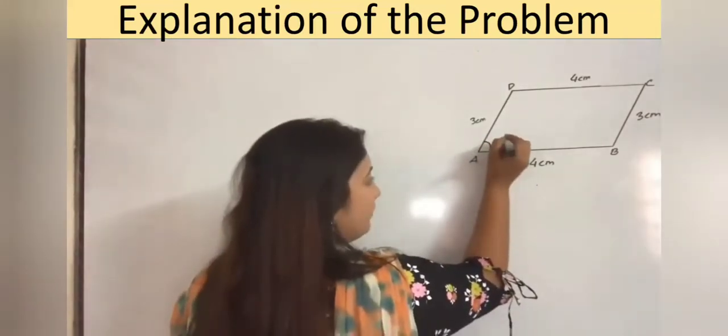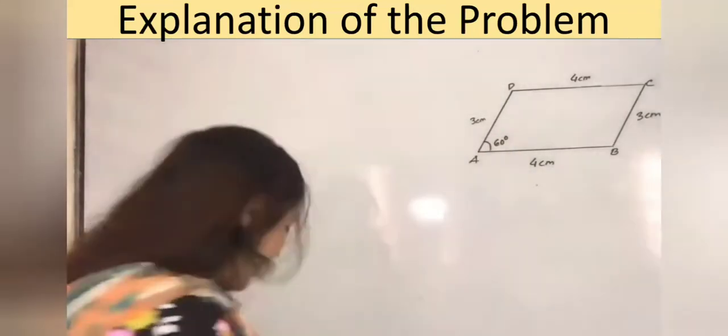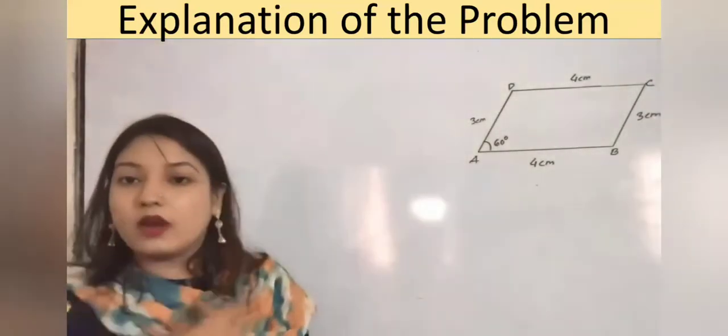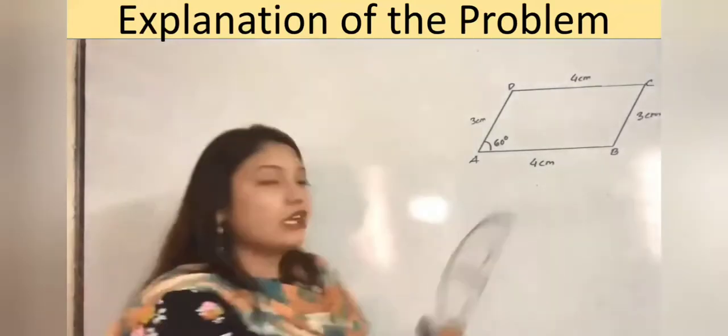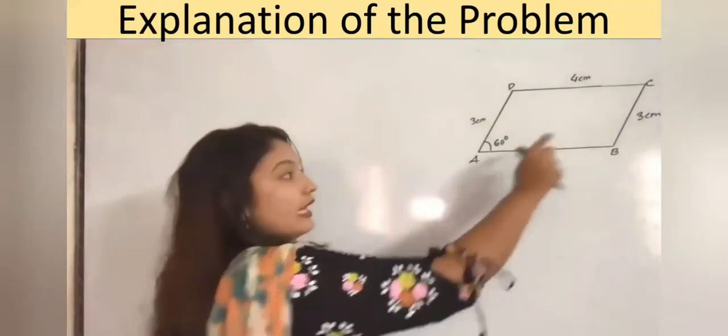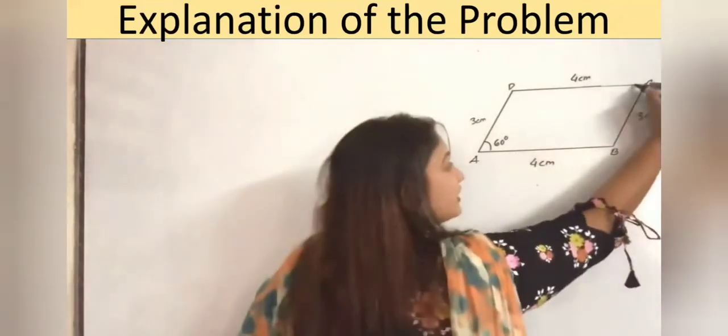This one will be 60 degree. And as we know, in parallelogram, what happens? Opposite angles are equal. So, being opposite angle of angle A, angle C will be also 60 degree.